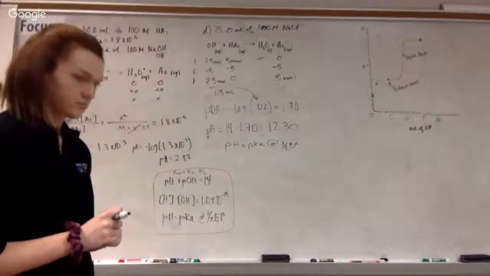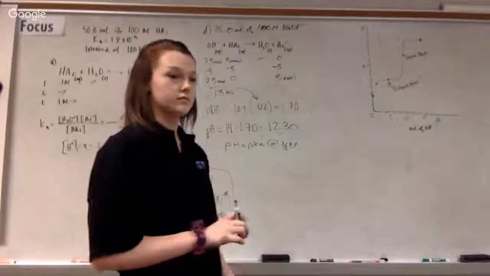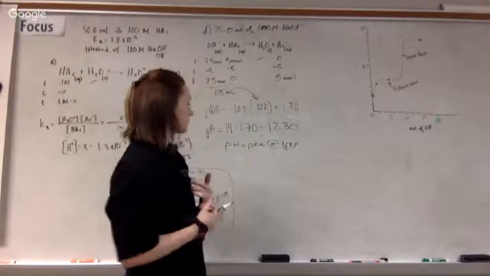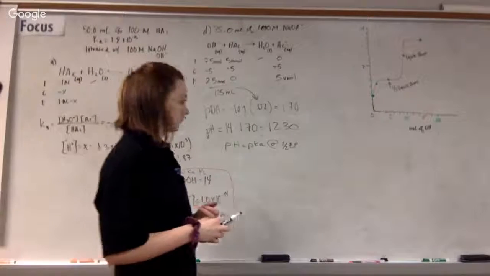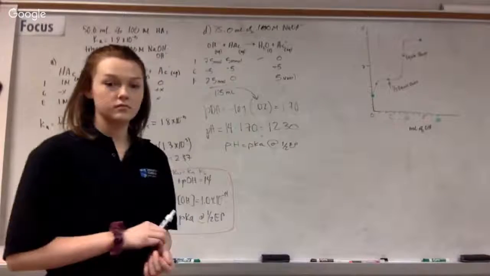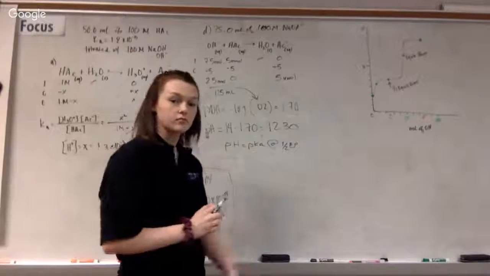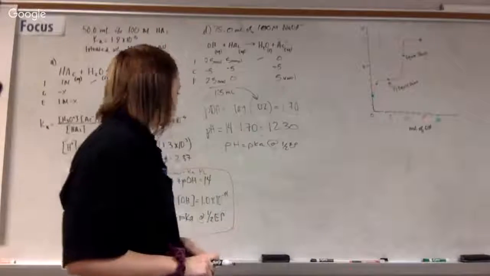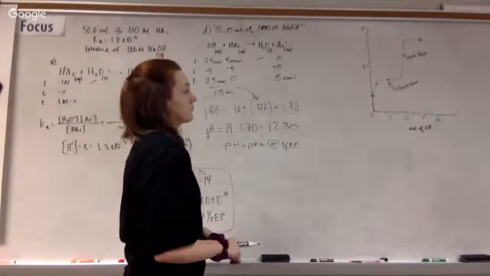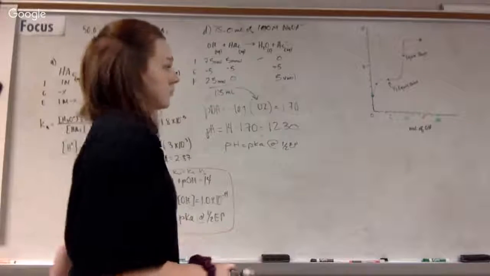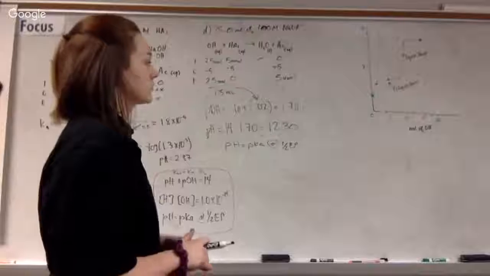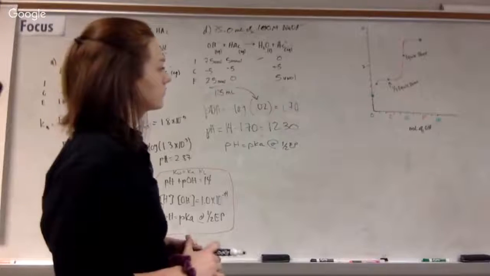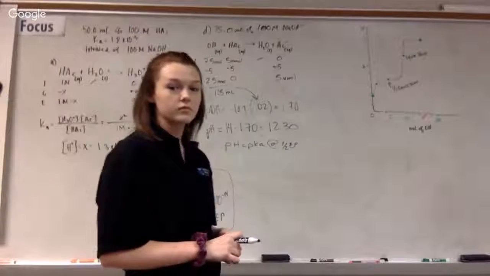So the AC minus can't do its normal equilibrium. If there was no OH minus left over, we could do what we did at the equivalence point and just throw AC minus into water. But AC minus's little world has been crushed because there's 2.5 millimoles of OH minus sitting there. So you can't ask what the pH of the AC minus would be, because it's irrelevant; there's so much OH minus already in the equation that it doesn't get a chance to.